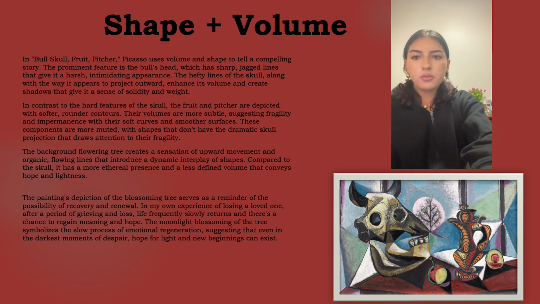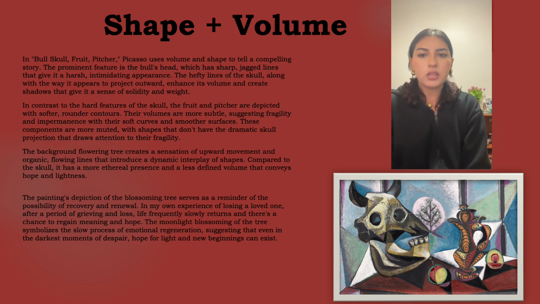The background flowering tree creates a sensation of upward movement and organic flowing lines that introduce a dynamic interplay of shapes. Compared to the skull, it has a more ethereal presence and a less defined volume that conveys hope and lightness. The painting's depiction of the blossoming tree serves as a reminder of the possibility of recovery and renewal.